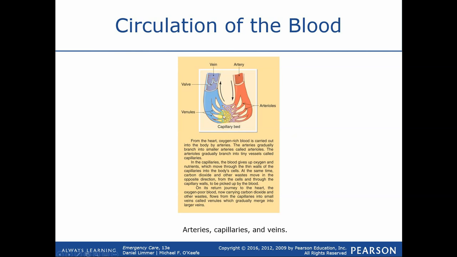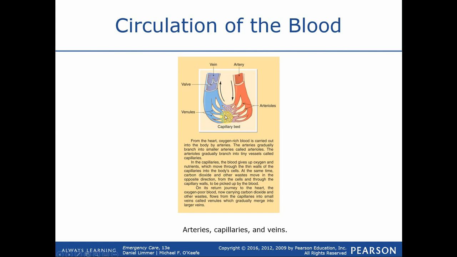So in order for oxygen to get out of the blood vessels and into the cells, it has to happen at the capillary level. So again, oxygenated blood comes through the arteries, goes into smaller arteries called arterioles, and then they branch into the capillary beds.